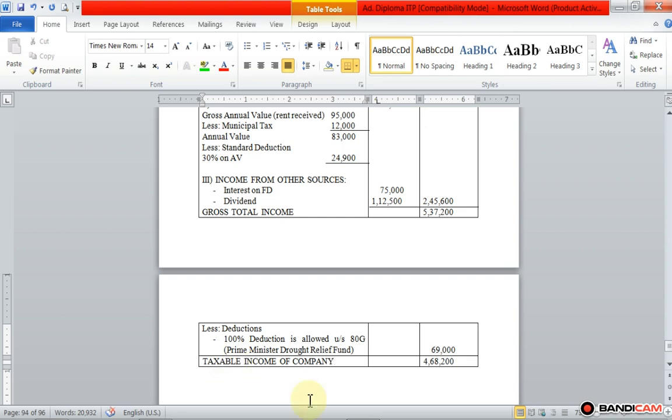Okay, 4,68,200 is the taxable income of the company. So here we compute the taxable income of the company.